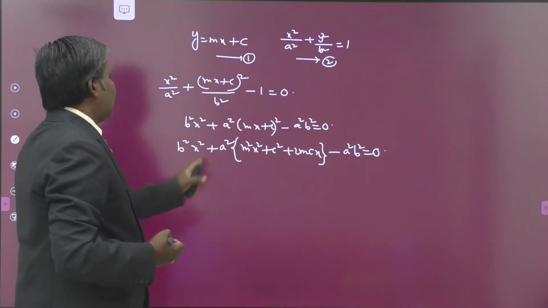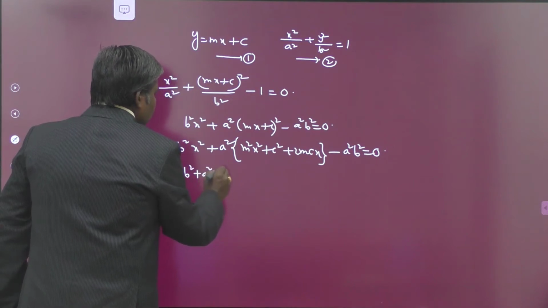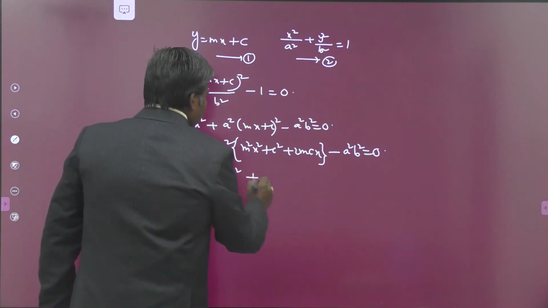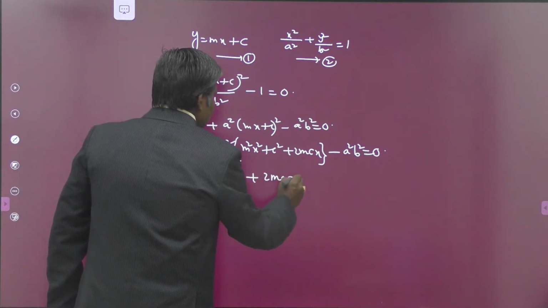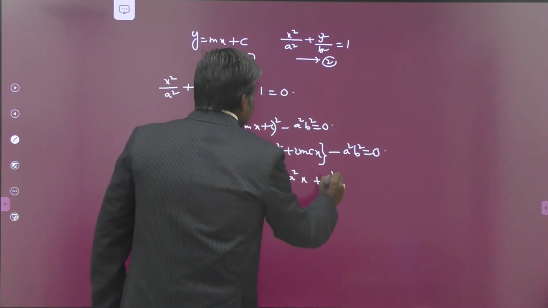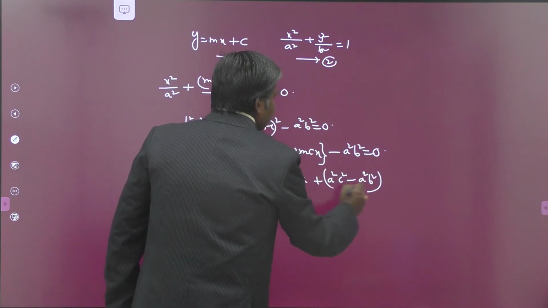Now take the x square terms common: (b square plus a square m square) times x square plus 2mc a square x plus a square c square minus a square b square is equal to 0.